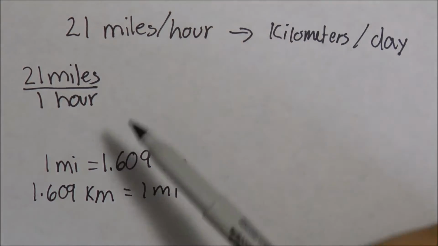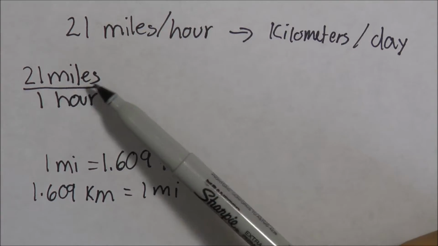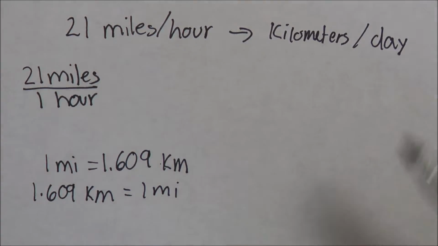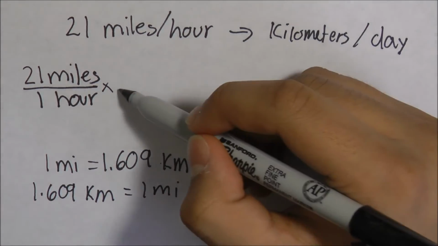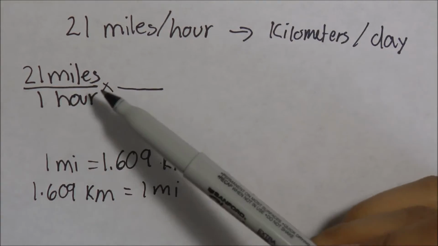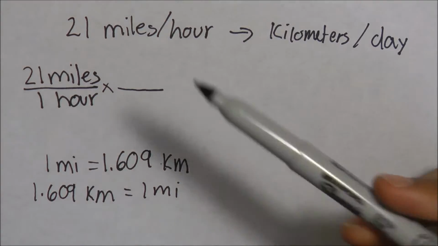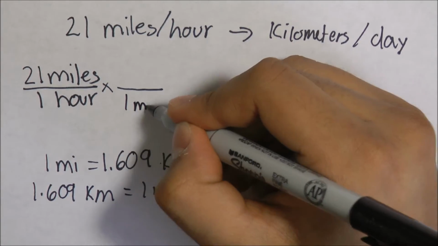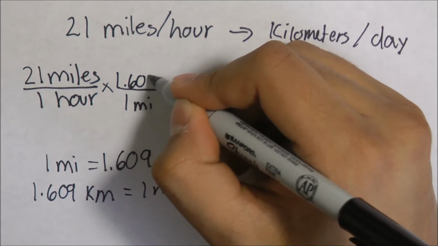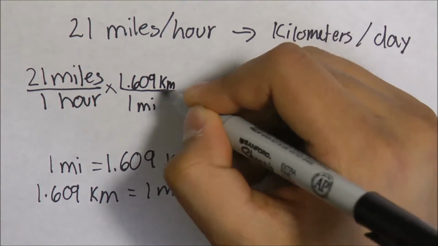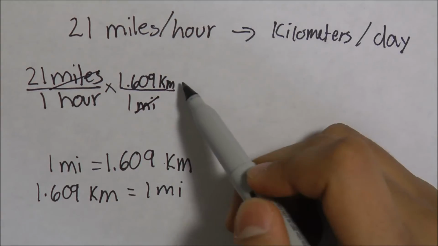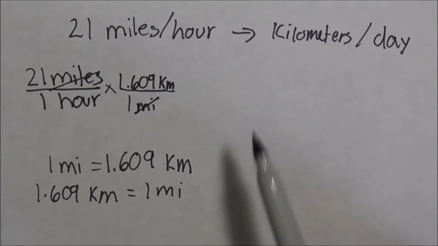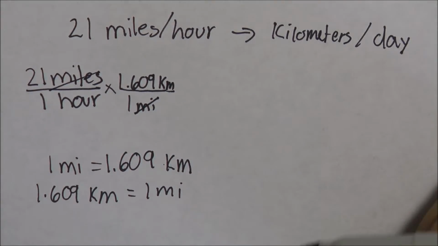So, which one will get rid of the miles and change it to kilometers? Remember that dimensional analysis is always multiplication. So, to get rid of miles, you need miles on the bottom. So 1 mile is equal to 1.609 kilometers. Now, miles cancel out, and all we have left is hours, which we need to change into days.